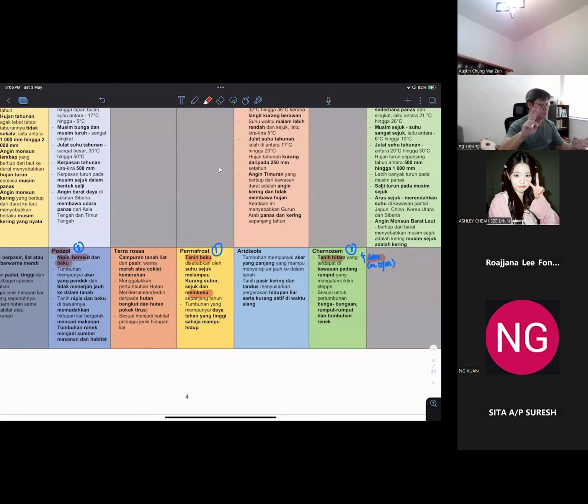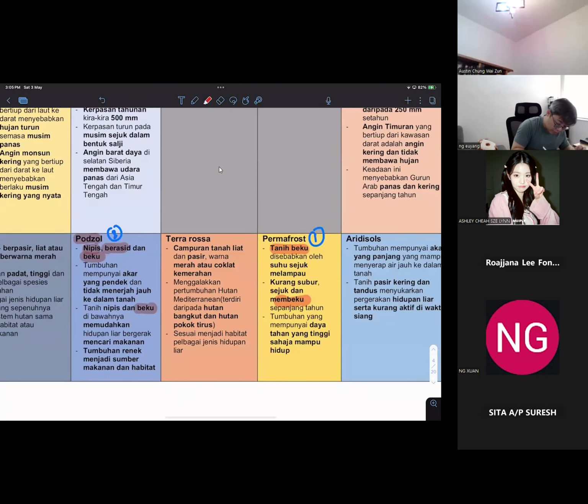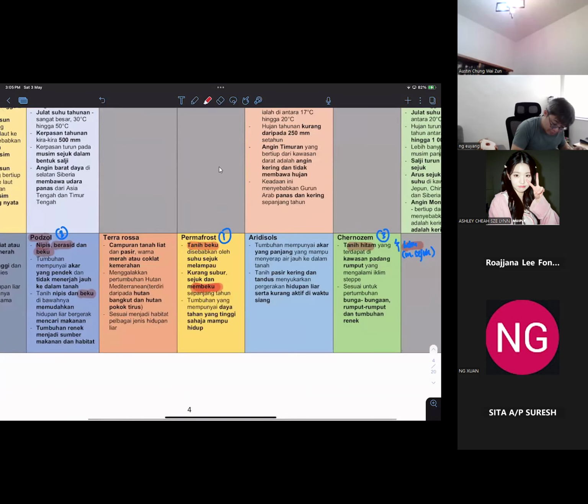Two ciri, anyone? Because this is tanah yang beku, and beku for the Chernozem. So when these 3 tanah, permafrost, podzol, Chernozem, are beku, the plant is going to have longer or shorter roots? I thought you are able to answer always.